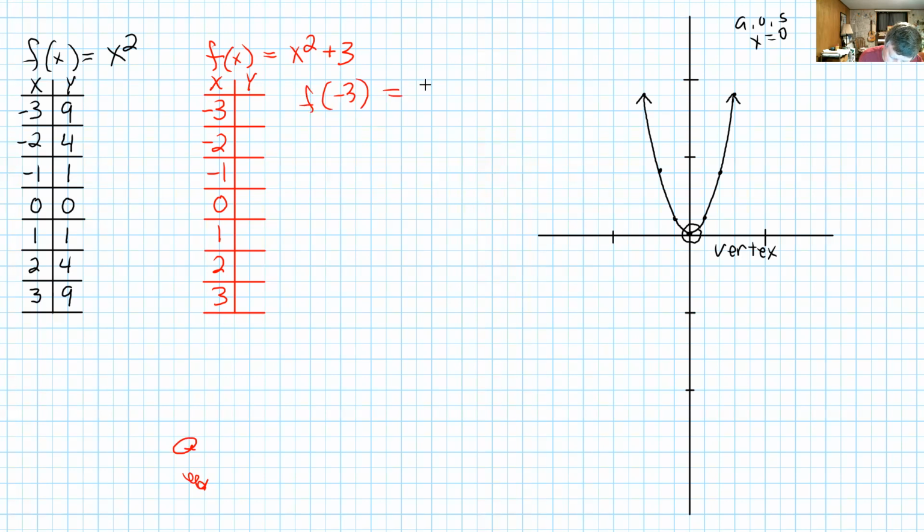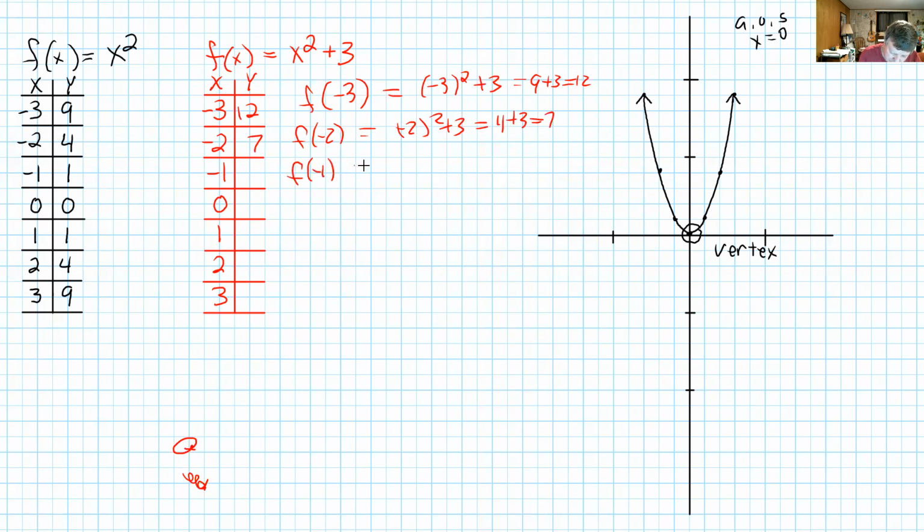There we go. F of -3 equals -3 squared plus 3, which is 9 plus 3, which is 12. Okay. F of -2 is -2 squared plus 3, which is 4 plus 3, which is 7.